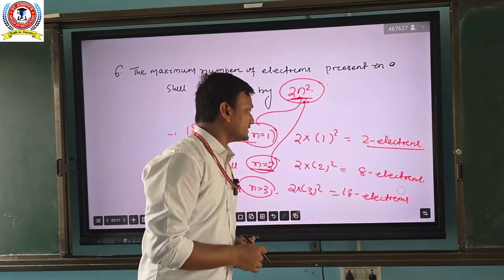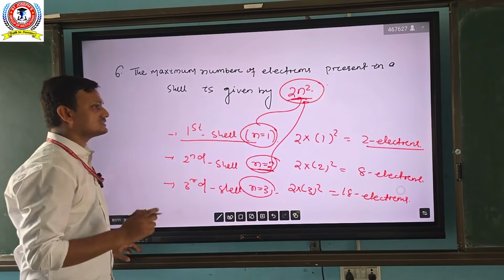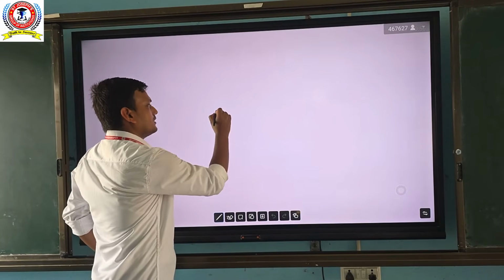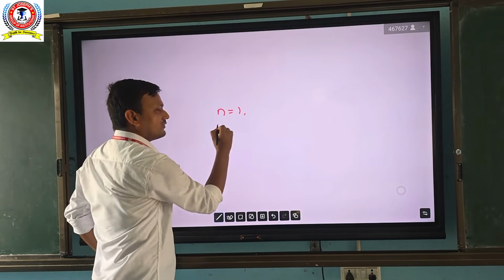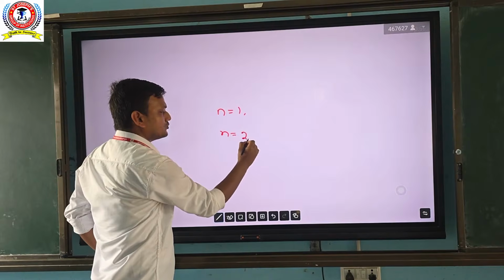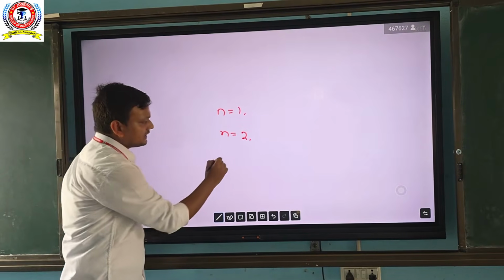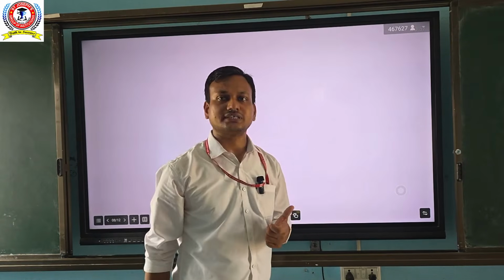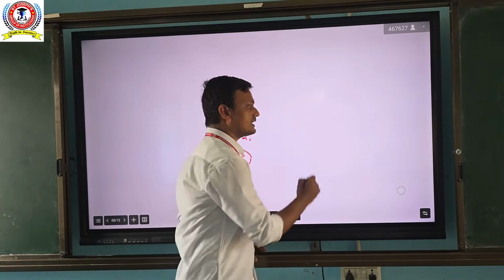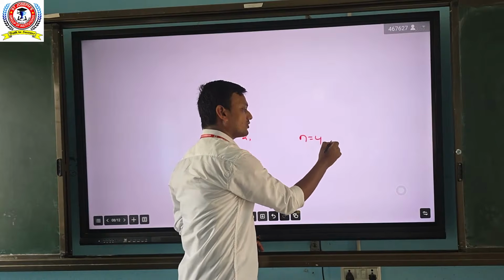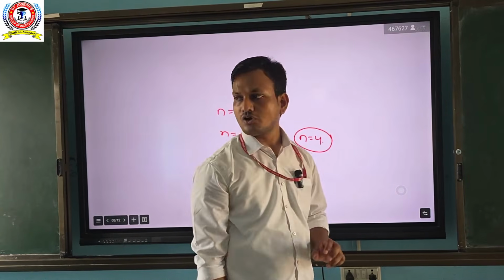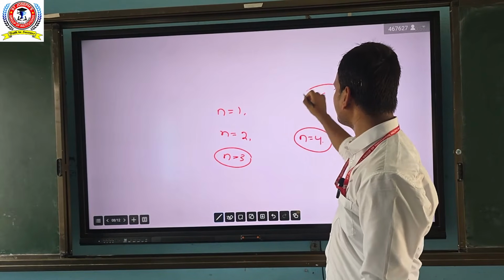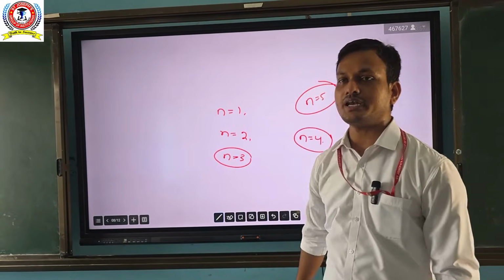We need to remember that n is equal to 1 is the first shell, n is equal to 2 is the second shell, n is equal to 3 means the electron is present in the third shell. If I write n is equal to 4, the electron is present in the fourth shell. If I write n is equal to 5, the electron is present in the fifth shell.